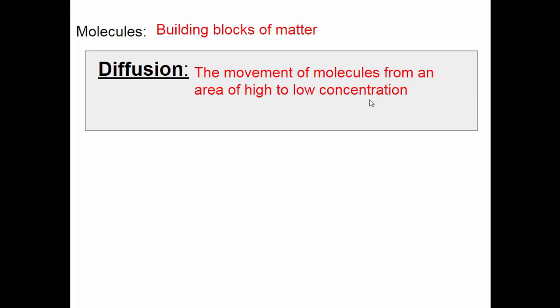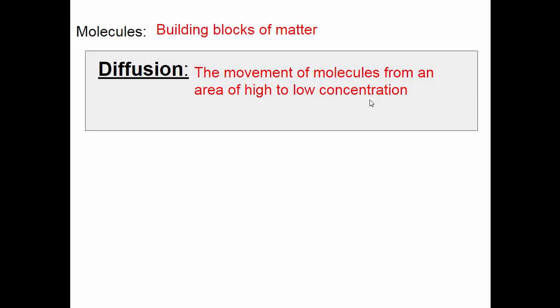So that's an example of diffusion. When Mr. Arcuri was in the back of the room, there was at first a high concentration of odor molecules back there. Because they were in a high concentration, they were bumping into each other.